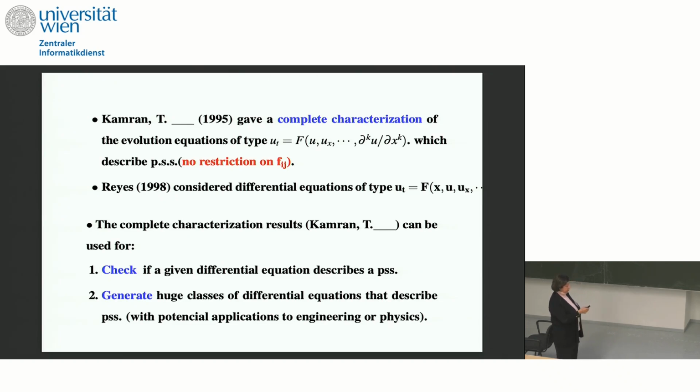In '98, Reyes included the independent variables. Now, this theorem can be used in two ways. One of them is to check if a given differential equation describes a pseudo-spherical surface, or to generate huge classes of differential equations that describe pseudo-spherical surfaces with potential applications to engineering or physics.